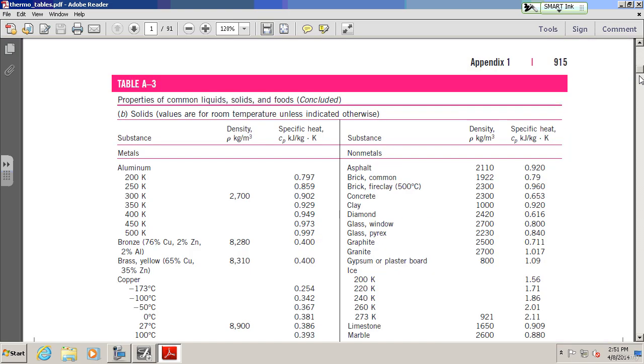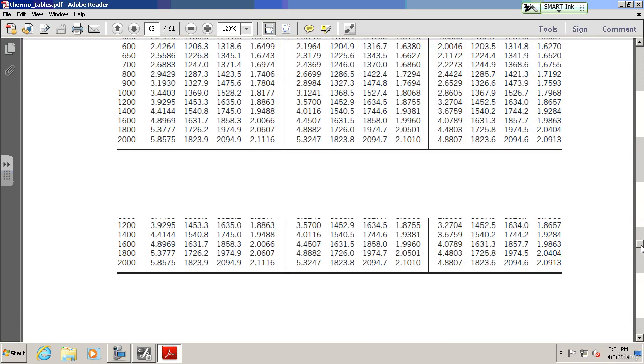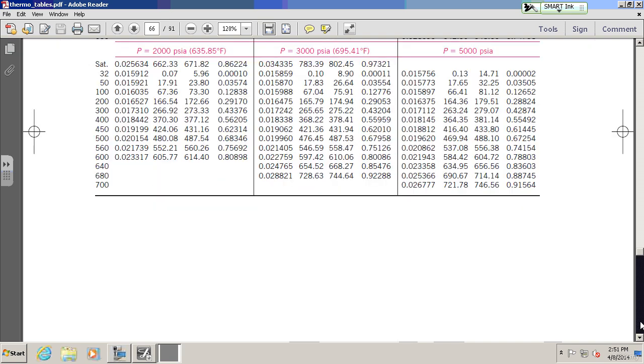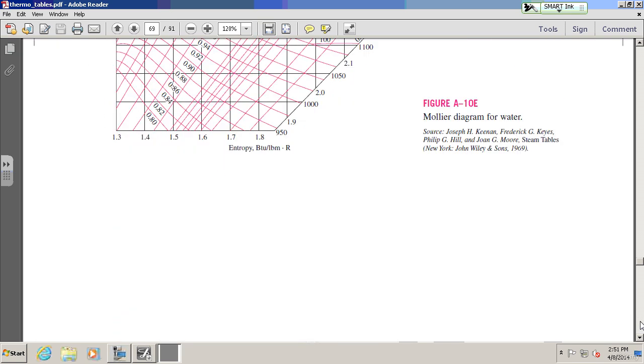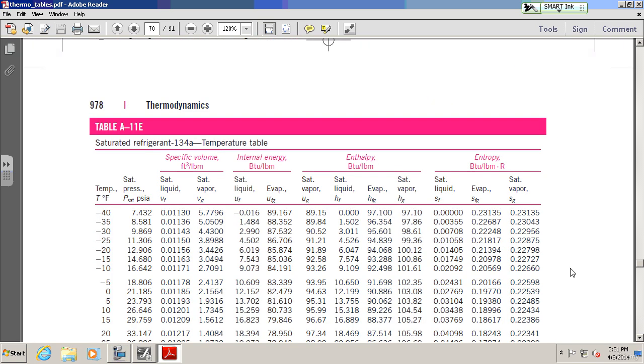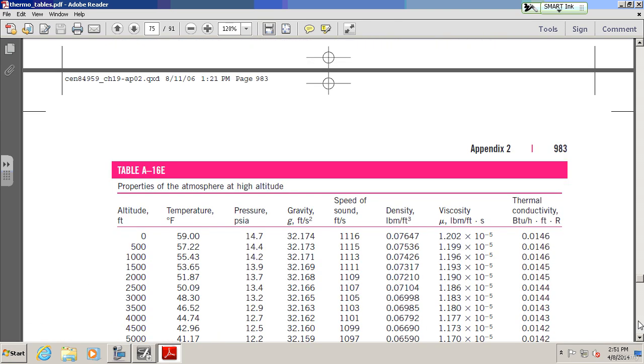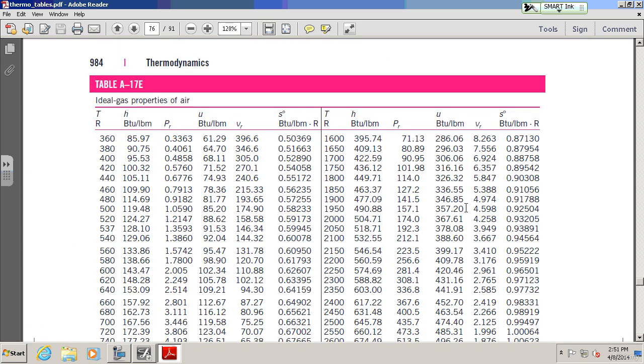I think it's 17E, I recall, but I could be wrong. Here we go. Ideal gas properties of air. When you do Otto cycle problems, you almost want to keep your finger on this table at all times, because you're going to use this a lot.